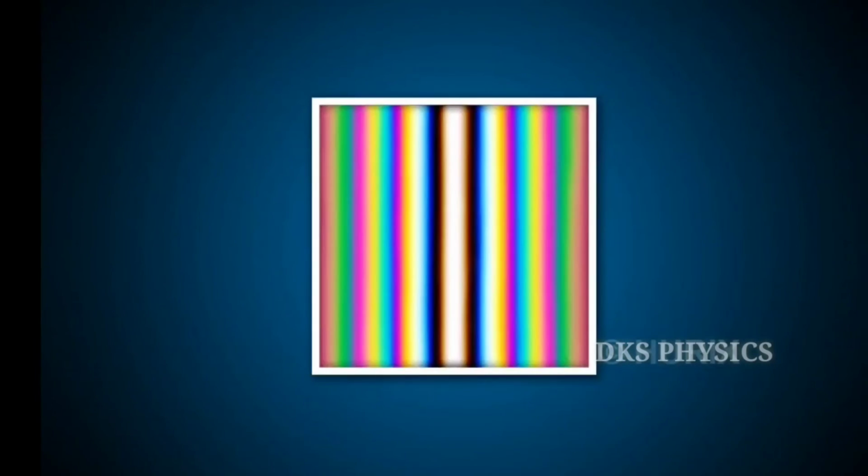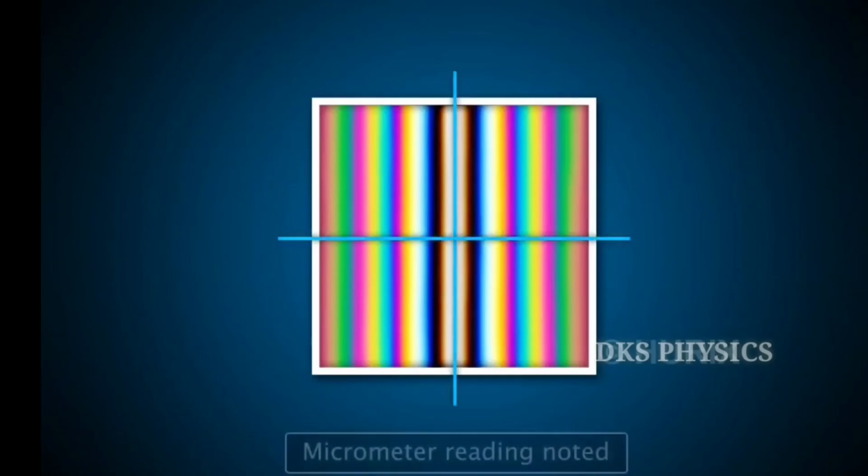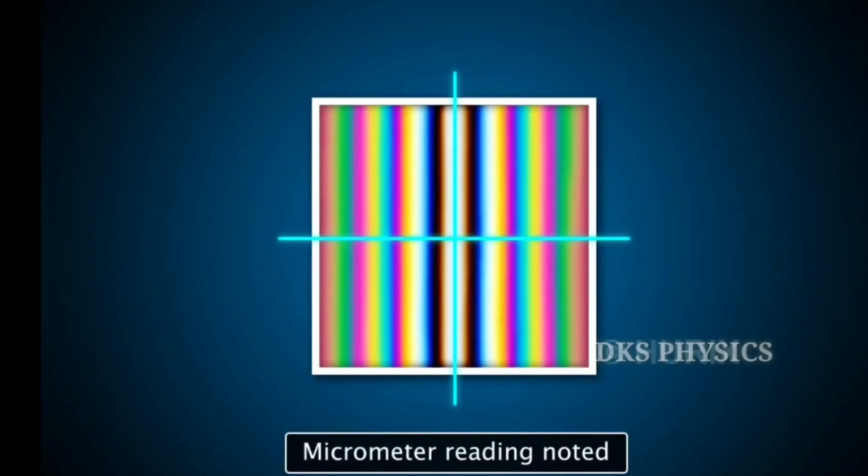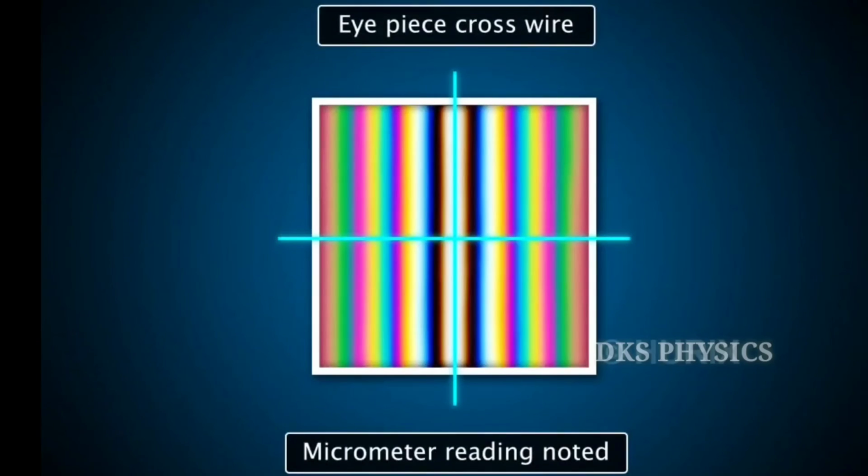To find the thickness of a thin sheet, first the interference fringes are obtained on the eyepiece for white light. The position of this central white fringe is recorded by focusing the cross wire of the eyepiece on it and taking the reading of the micrometer scale.